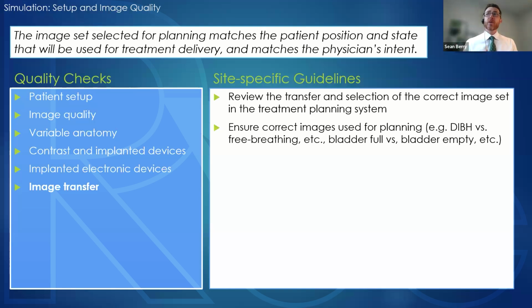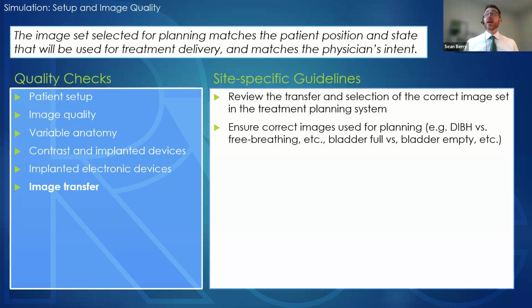And if you have multiple images that were taken at the time of your simulation, for example, a free breathing scan and a DIBH scan or different bladder states, it is essential to make sure that the scan you're doing your plan on in your treatment planning system is consistent with the scan that you intend on treating on.